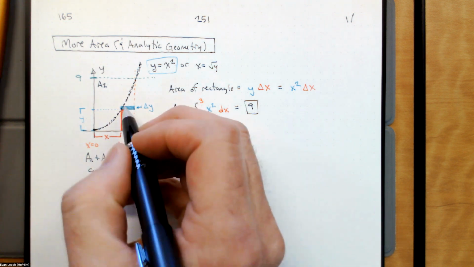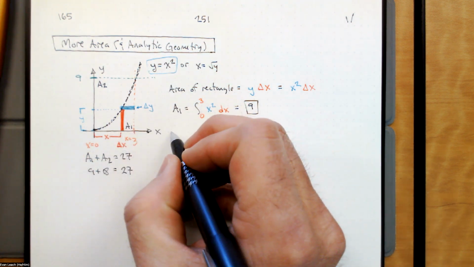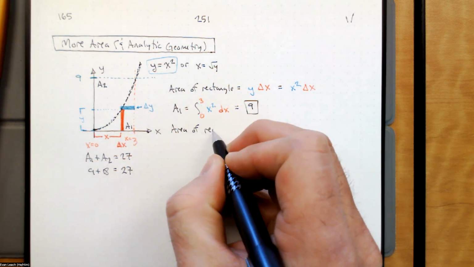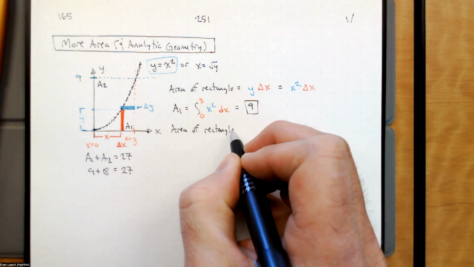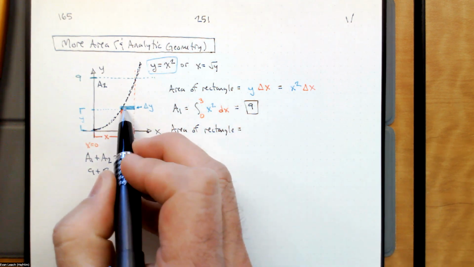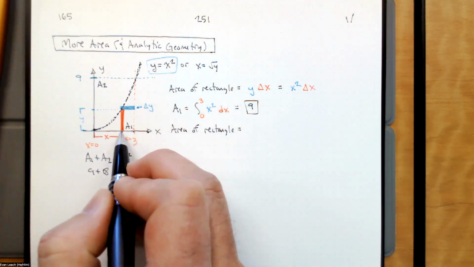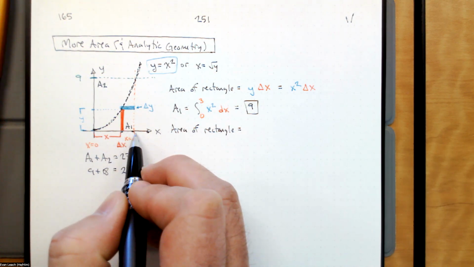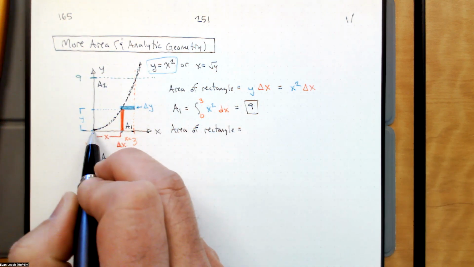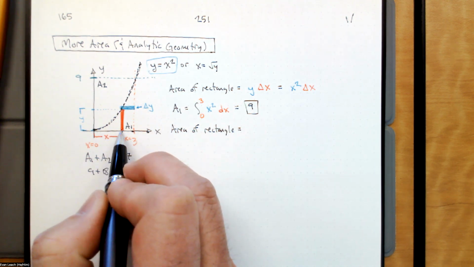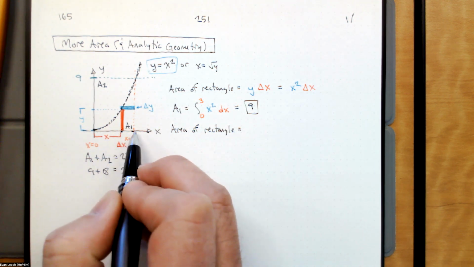So now I'm reading the area of this rectangle. Notice that down here, this length does not correspond to x. x is from the origin to this point. I want from this x up to 3.